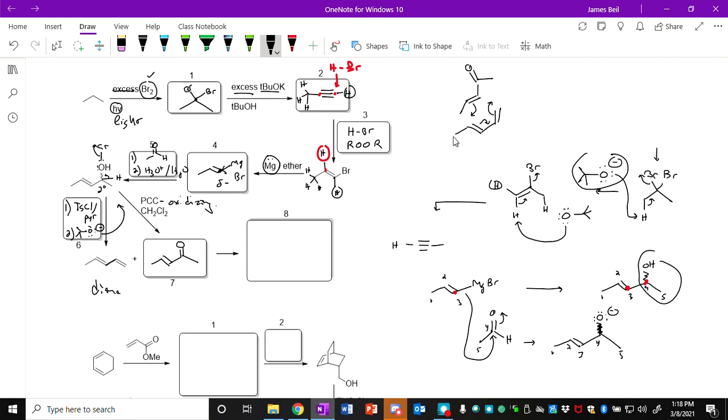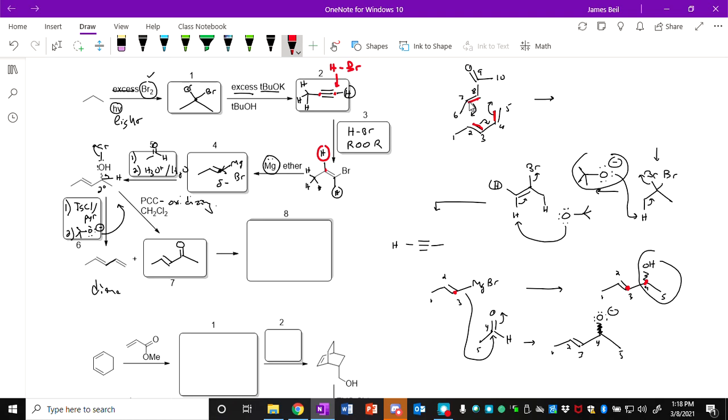Right, so this diene has 1, 2, 3, 4, 5 carbons. And we'll go from there, 6, 7, 8, 9, 10. So there are 10 carbons total in my structure for compound 8. And I really have to pay attention to where the pi electrons are, right? So in a cycloaddition, like a Diels-Alder reaction, it's only the pi electrons that are moving.